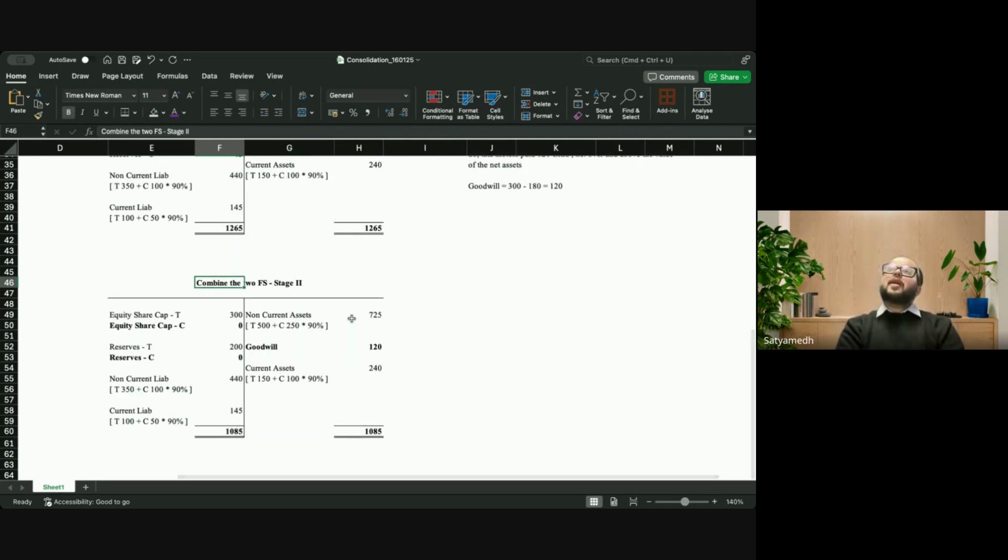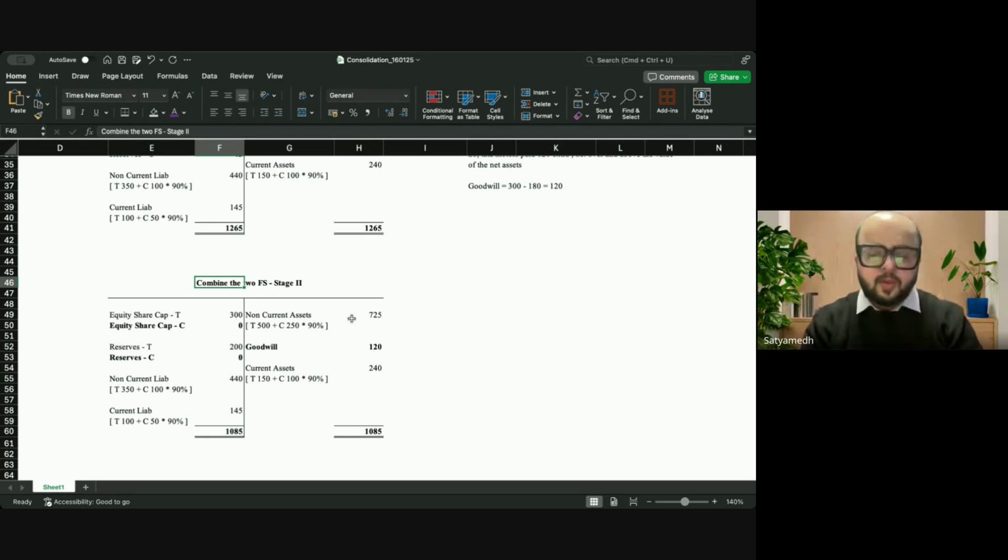Now, one question that often used to come to my mind is, why don't people actually do this 90%, 90%, 90%? It's very easy to do it here because we had like 4 items basically. But it is not possible to do it when you are looking at real balance sheets, which have thousands of line items in both the companies. And at that stage, combining the two is going to be a very difficult job, and there is going to be a clerical error.